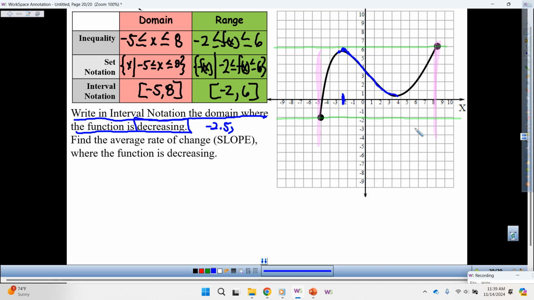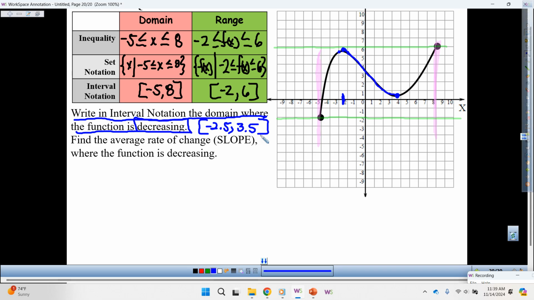Mario, go. Close. Very good, 3.5. Hands if you got that. Everybody see it? So in interval notation, since we have solid points all throughout, it's bracket and bracket.